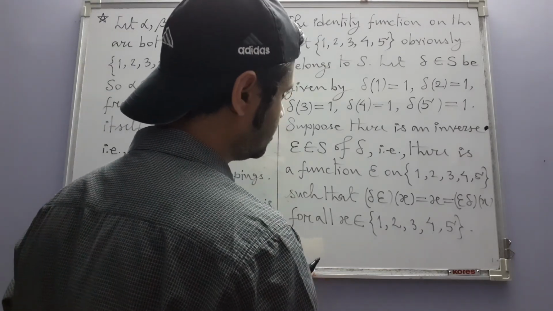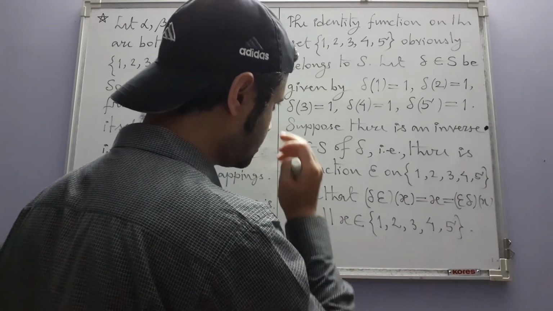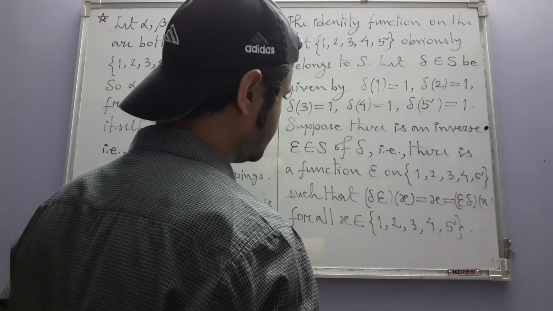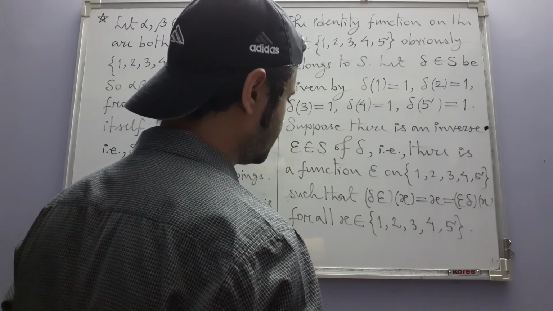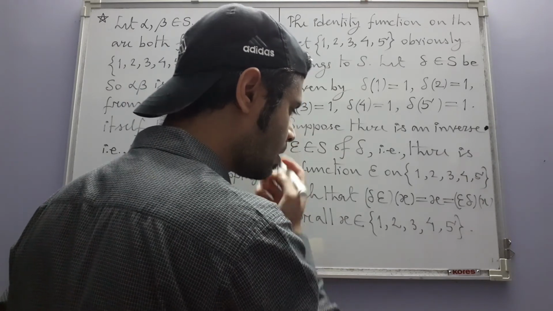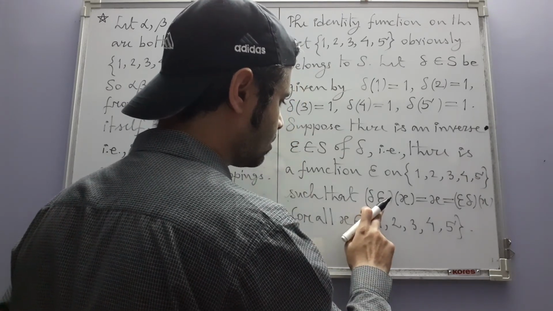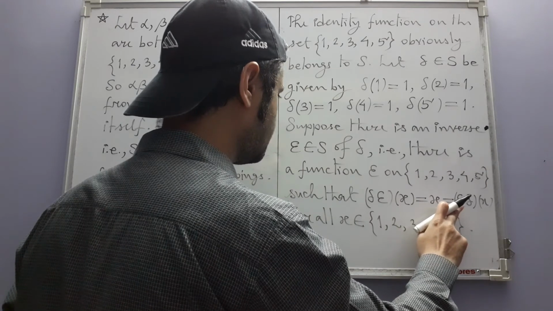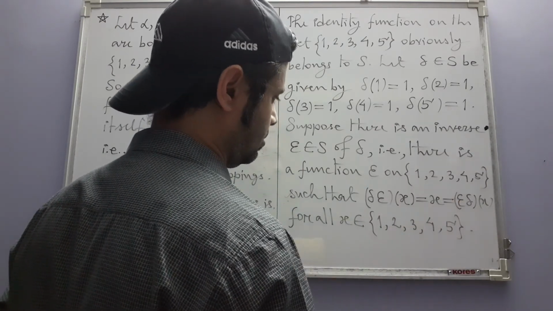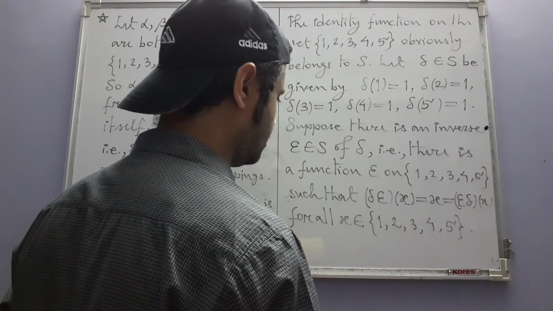What will it be? Delta of 1 is 1, okay, and epsilon of that 1 is going to be equal to 1, right?